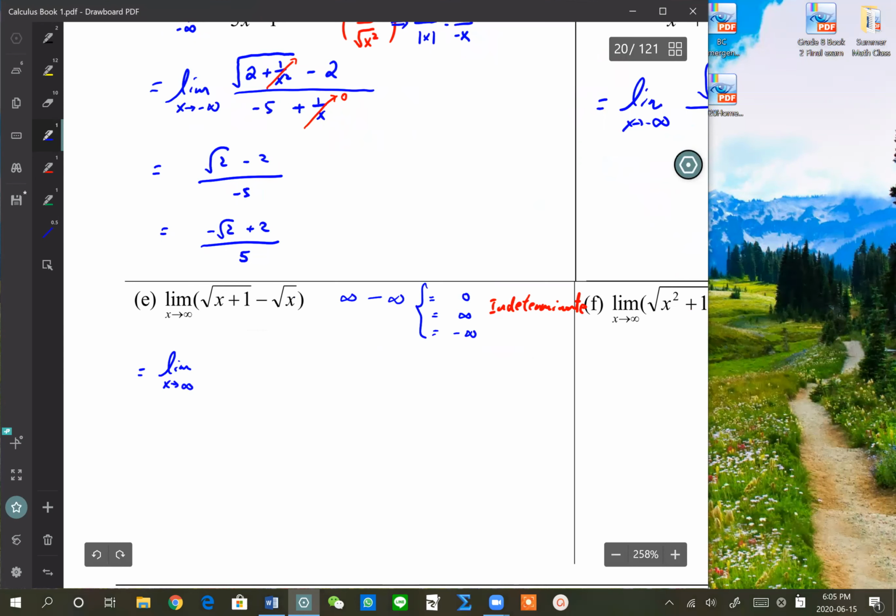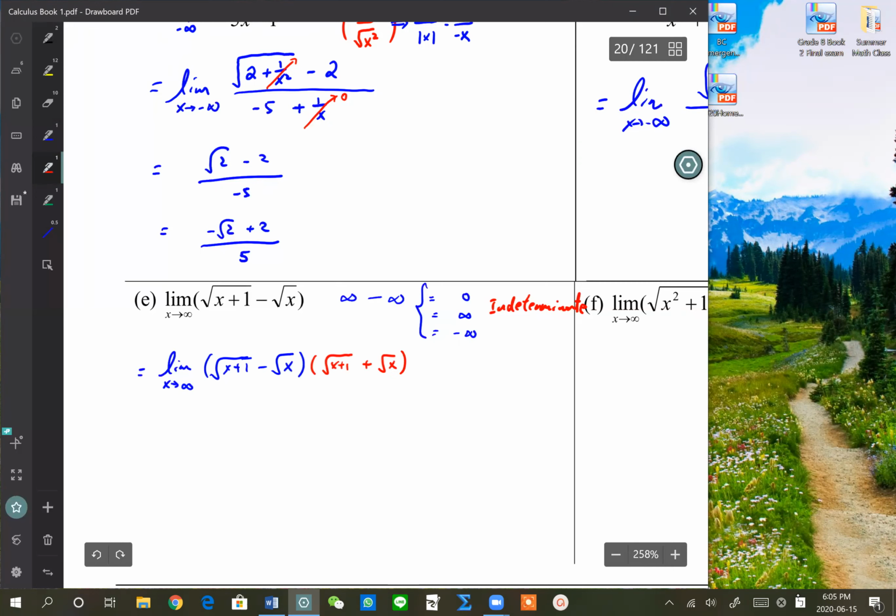I want to multiply something. Conjugate? Conjugate, yes. What will be the conjugate of this one? Root x plus 1 plus root x. Yeah, a minus will pair with a plus.